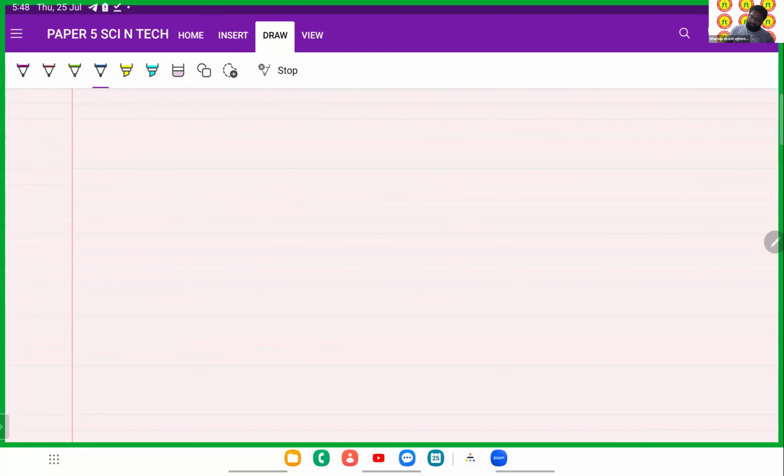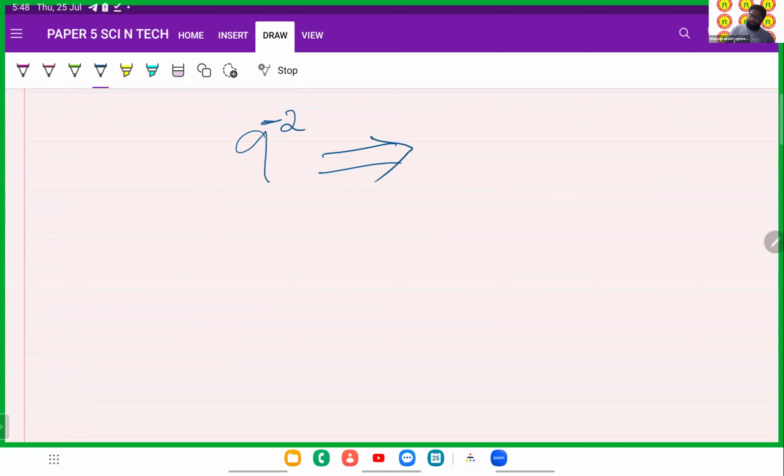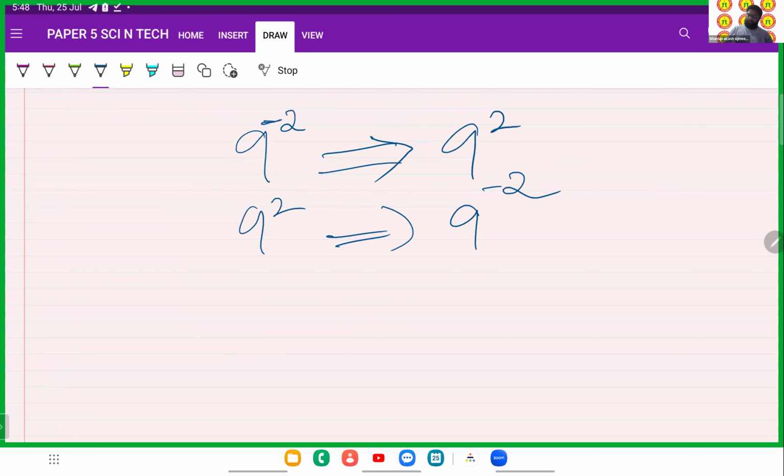If they ask what is the multiplicative inverse of 9 to the power of minus 2, then it would be 9 square. Any doubt till now? So it's vice versa. If it is 9 square, the multiplicative inverse will have a negative power. If it is 9 to the power of minus 2 and they ask the multiplicative inverse of this, then the power will be positive, with the same power.